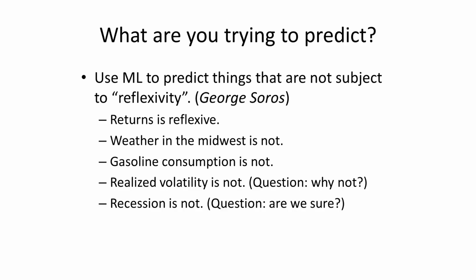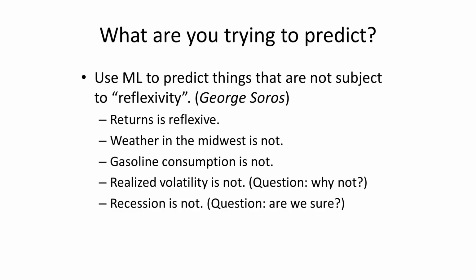To delve deeper into why realized volatility is not a reflexive variable, I actually gave a talk at one of the QuantCons a couple of years ago. So if you go to the QuantCon video library, you will probably find the talk on the peculiarities of volatility. I had a full explanation of why it is that realized volatility is not something you can easily arbitrage away, even if you can predict it very accurately.